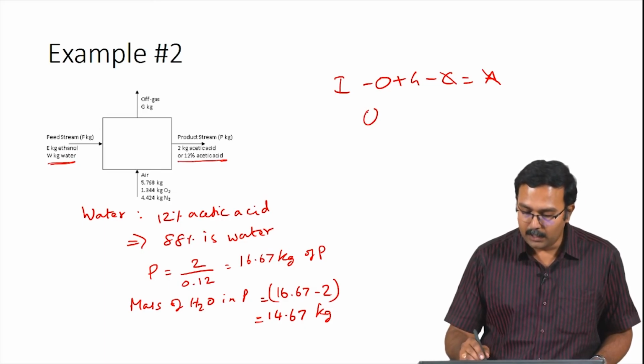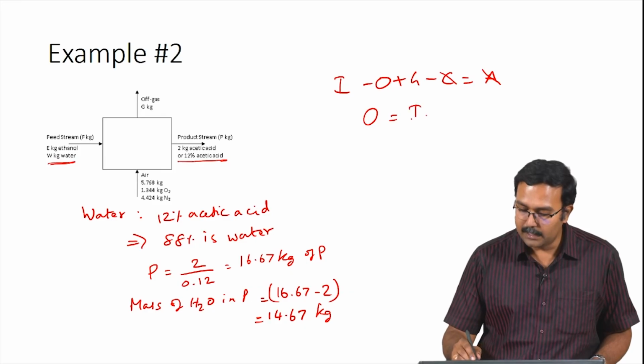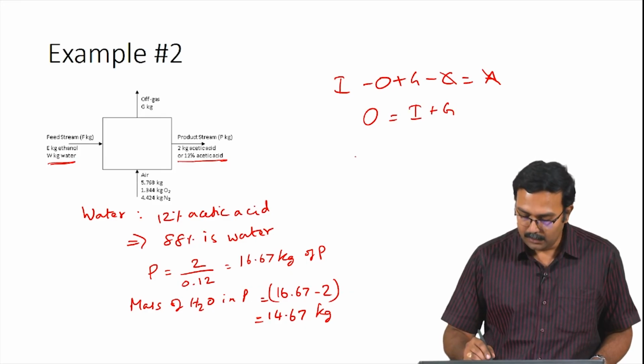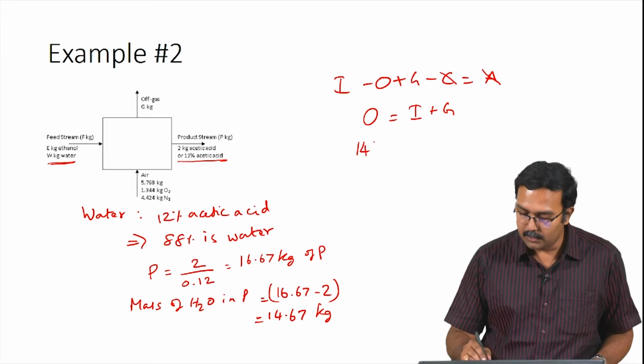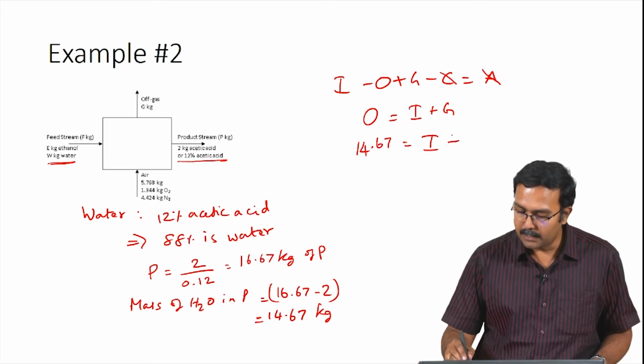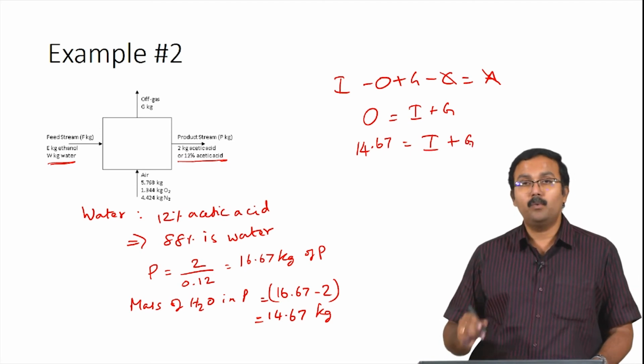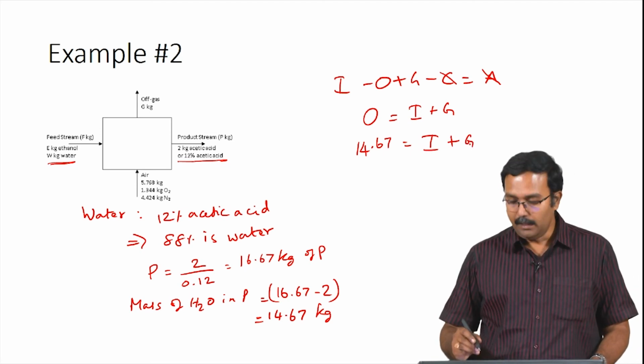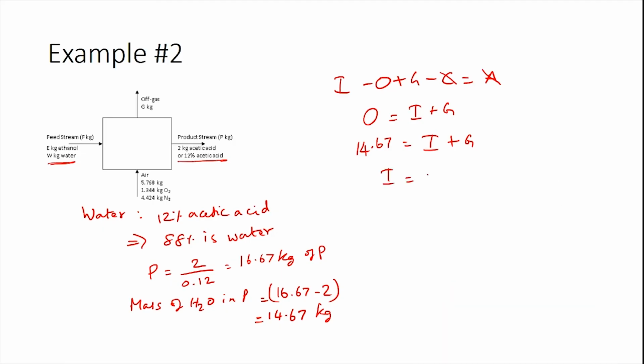So, we already know the output, so we can calculate output as input plus generation, and we know that the output is 14.67 kilograms, input plus generation. So, the amount of water which should be fed would be: input is 14.67 minus generation. So, we need to calculate the generation of water in this particular reaction.